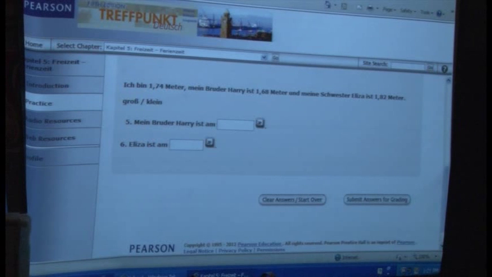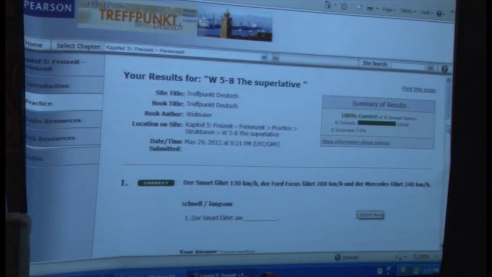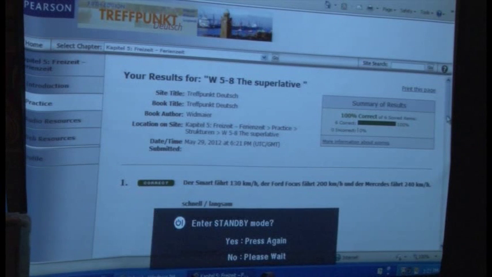Okay, mein Bruder Harry ist am kleinsten. Na? Elisa ist am größten. Okay? Gut? Alles klar. Es ist alles korrekt.